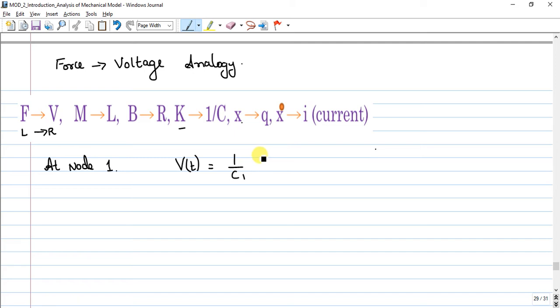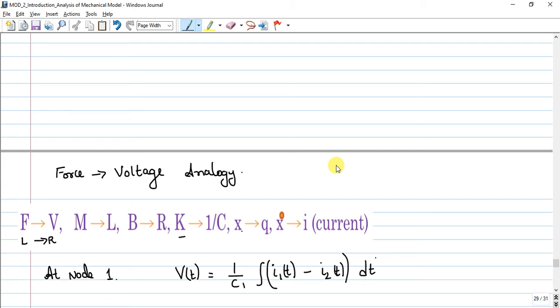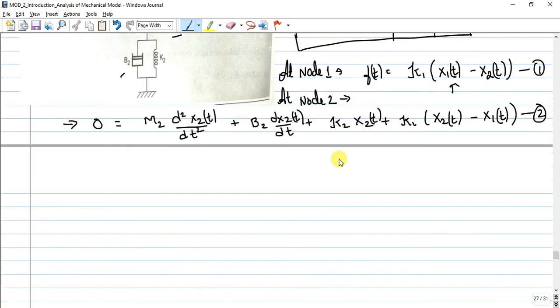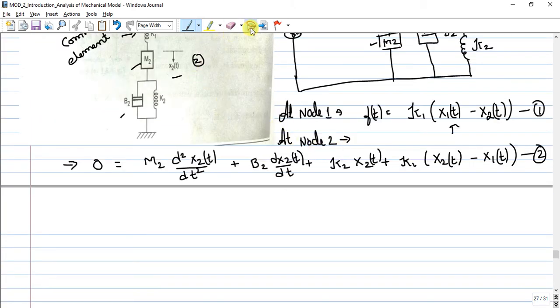You know the equation for capacitor, integral of, x1 will be replaced by I1 of t minus I2 of t, dt. Okay, so please check with the first equation, and I will just copy it on if possible.